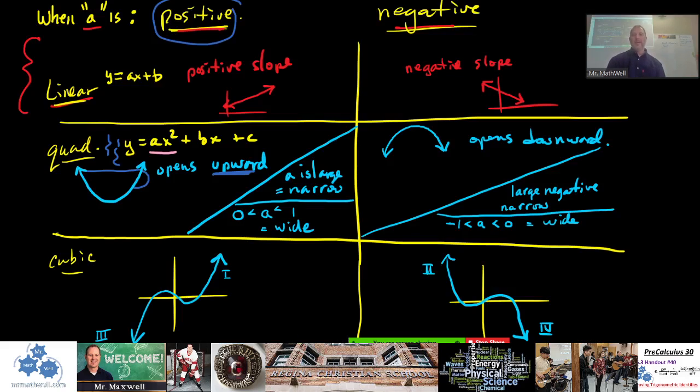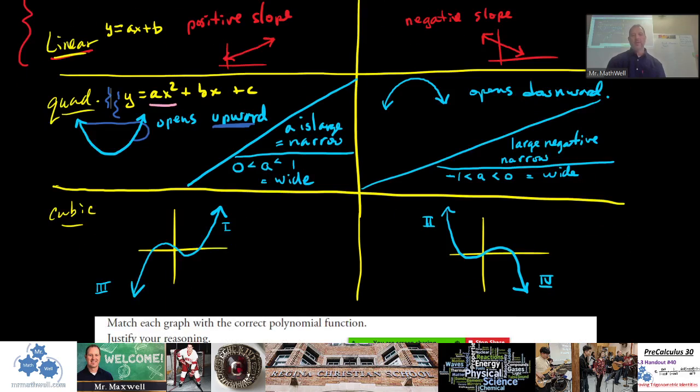All right? When a is negative, the quadratic opens downward. A large negative is still narrow. A value between 0 and negative 1, so it's kind of a decimal between 0 and negative 1, it's wide. And as I mentioned a minute ago, in the cubic functions, when a is positive, the end behavior goes from quadrant 3 to quadrant 1.